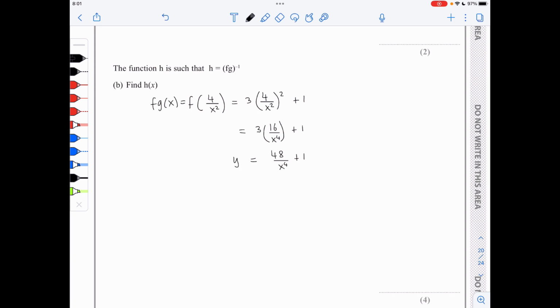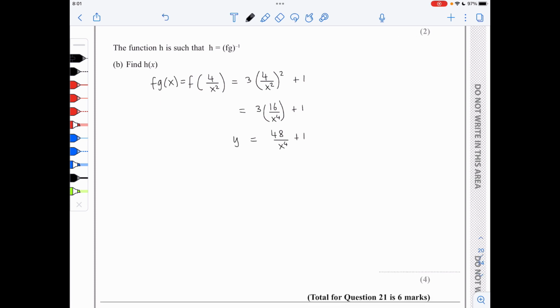I will let this be my y, and then I will interchange x and y and try to make y the subject. So x is 48 over y to the power of 4 plus 1. So x minus 1 is 48 over y to the power of 4.